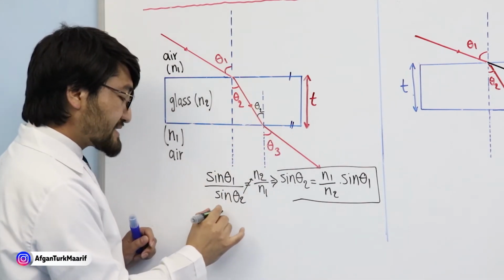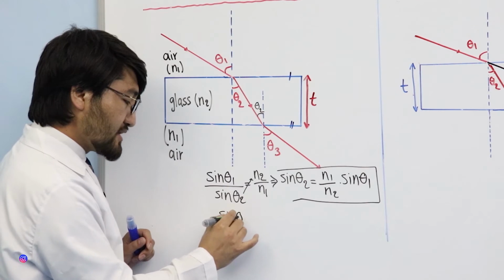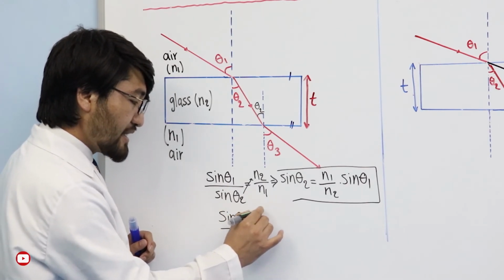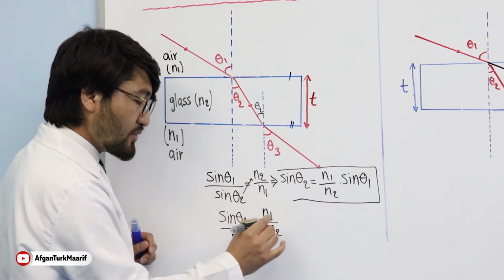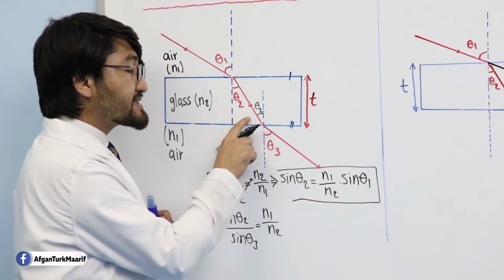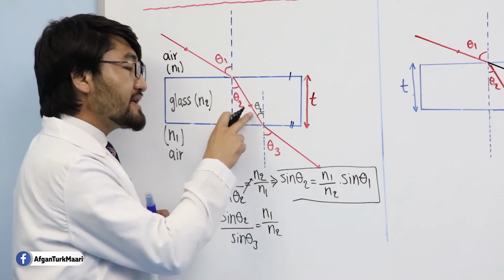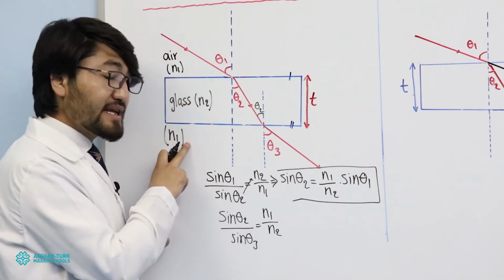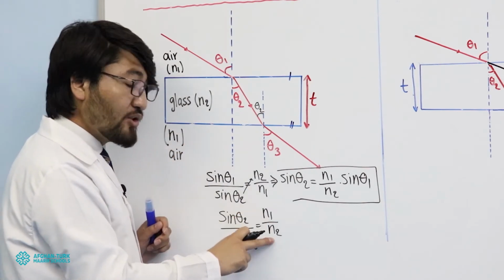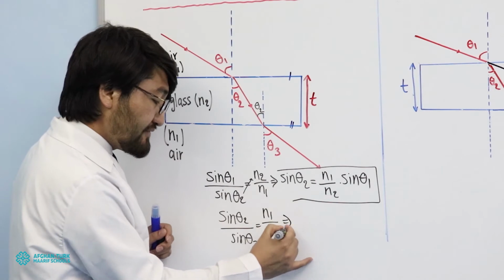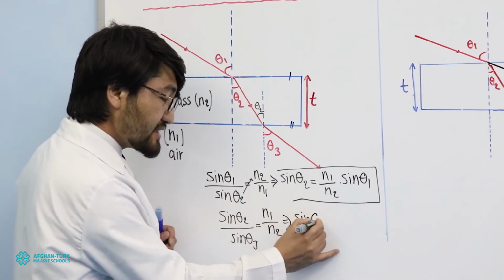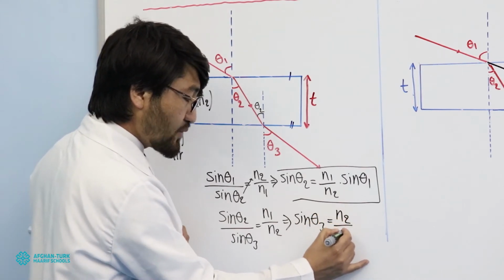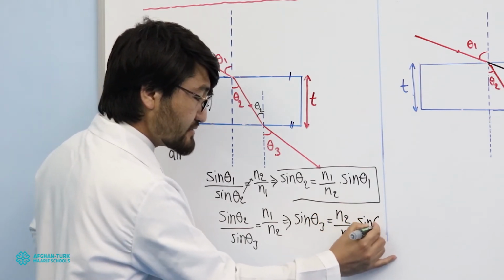Sine theta 2 over sine theta 3 is equal to N1 over N2. Why? Because in this refraction, the glass is the first medium and the air is the second medium. We write N1 over N2. And I will find sine theta 3 is equal to N2 over N1 times sine theta 2.